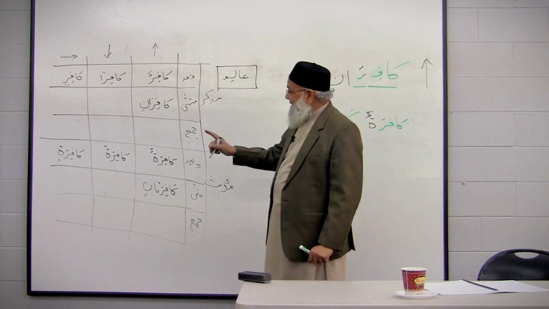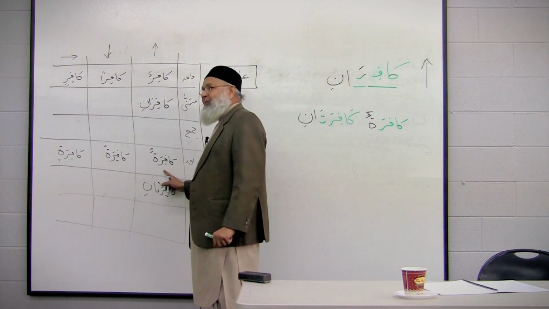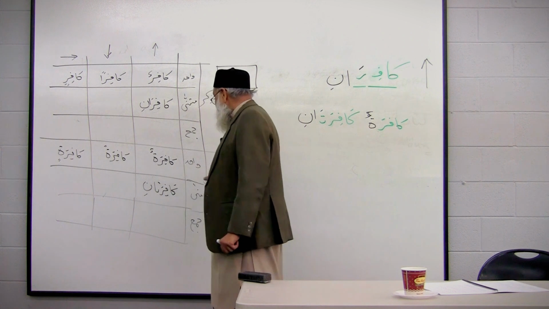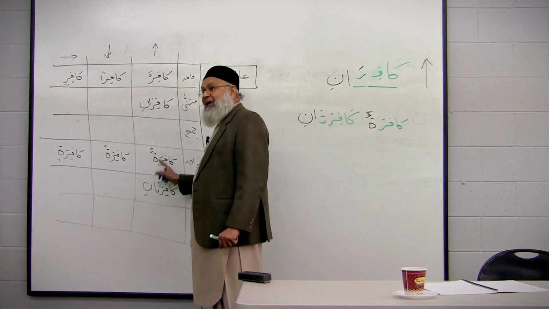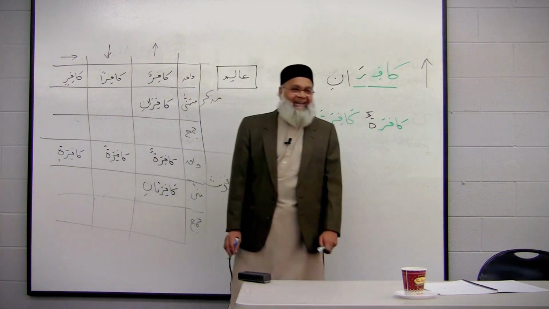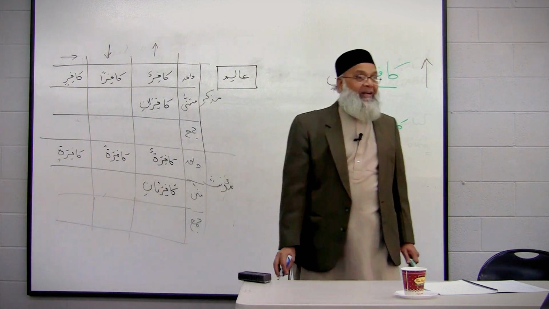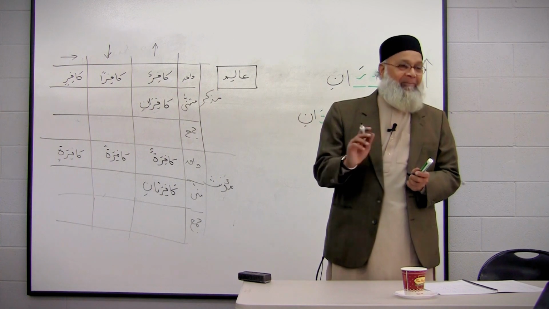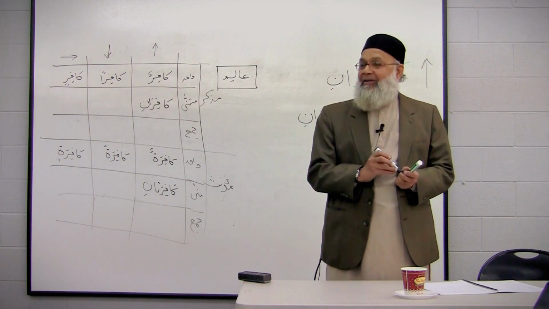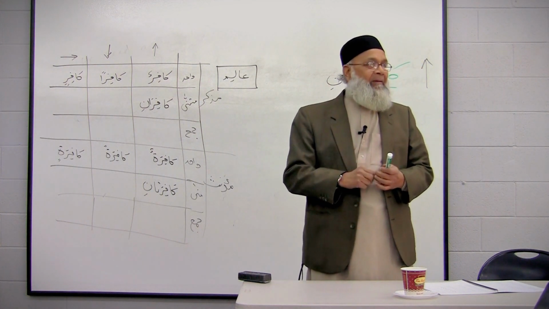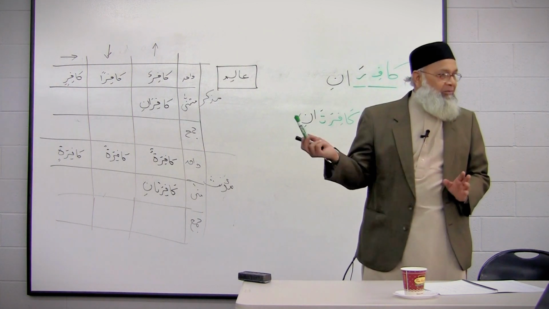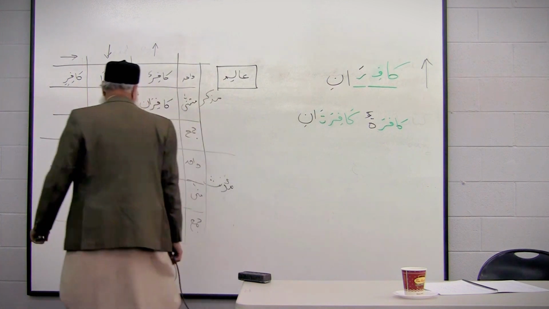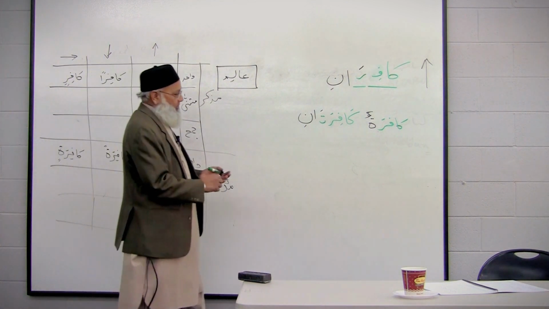Up till now, this kafiratun is telling you it is feminine, it is singular, and it is in the form of rafa. One word inclusive of, in fact, four things, but for the time being, only three things that we have studied so far. So, kafiratani. Now we come to the nasab and jar form.